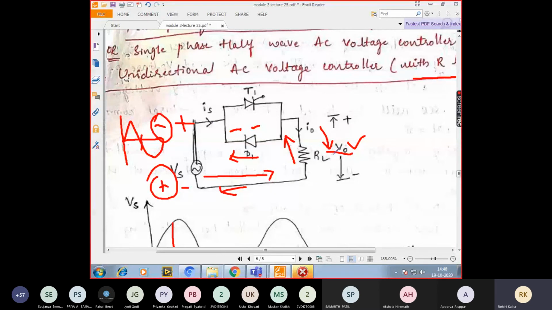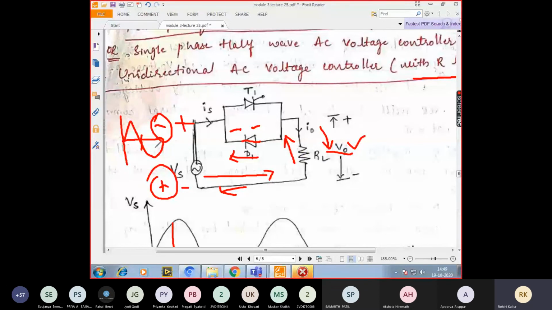You can observe that during the positive half cycle the current flow was in this direction, and during the negative half cycle it is in the other direction. The diode which is conducting acts as a short-circuited device, like a wire with a voltage drop of approximately 0.7 or 0.3 volts, depending upon the material the diode is made of.